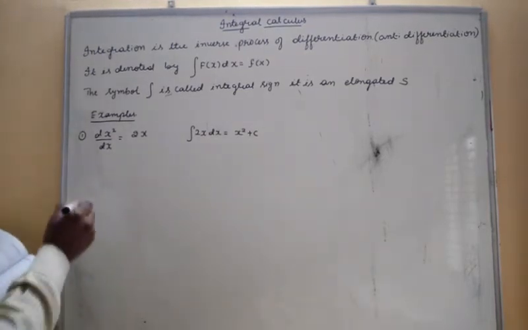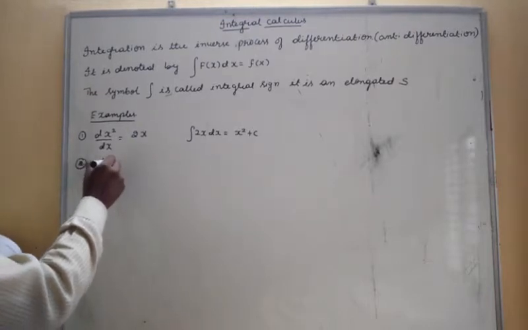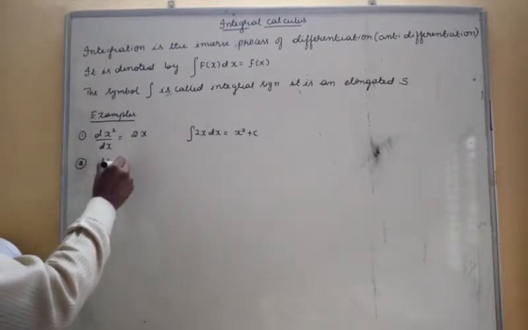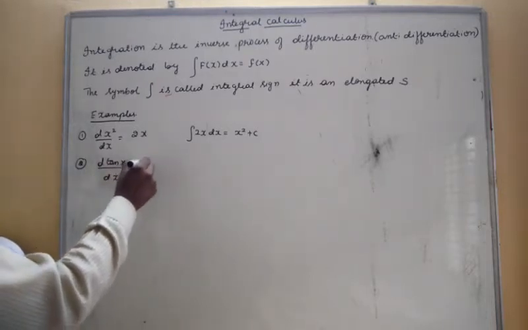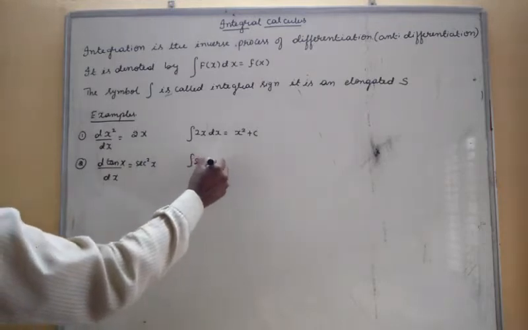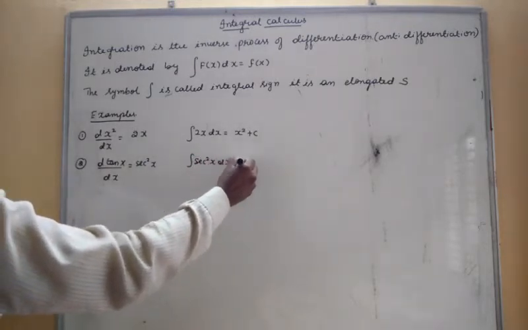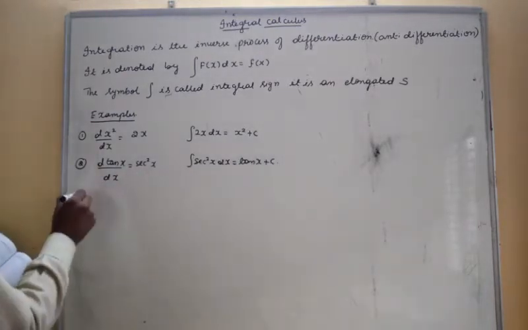Okay, so second one, so you know the differentiation of tan x. Tan x differentiation is secant square x. Then integration of secant square x is tan x plus c. C is a constant.